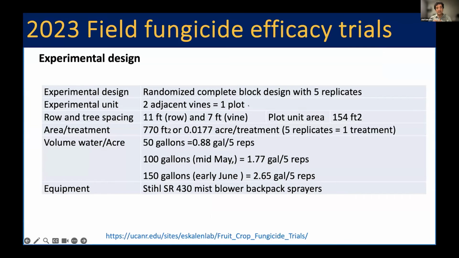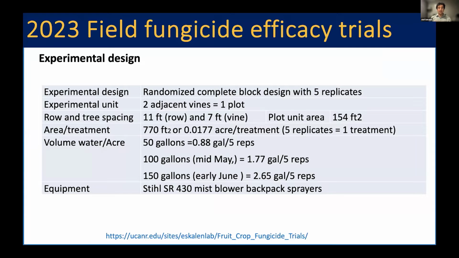So every year on our campus, we set up these field fungicide screening trials. It is a randomized complete block design with 5 replications. We use 2 adjacent vines as 1 plot, and then we replicate that 5 times.